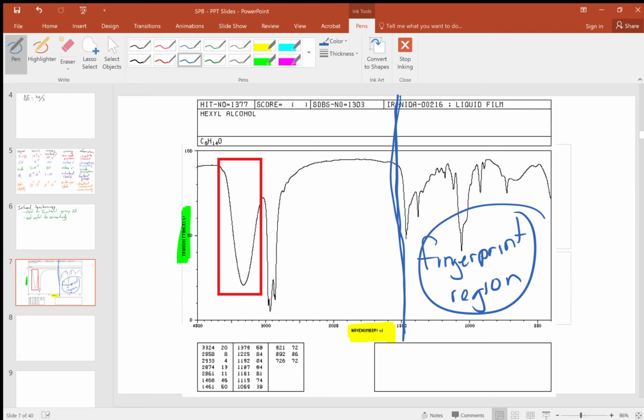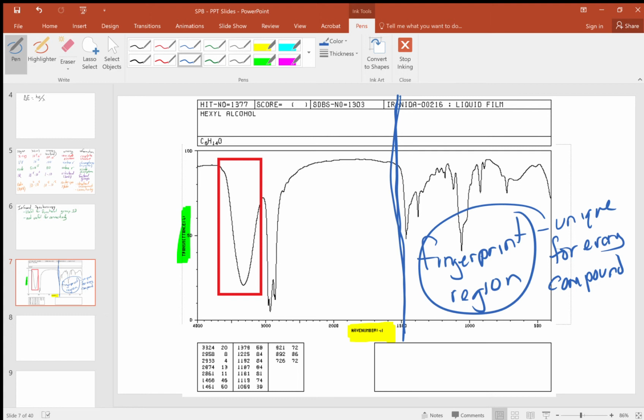Why do we call it that? In the fingerprint region, it's often way too complicated for us to get much specific information. But the fingerprint, just like normal fingerprints, is unique for every compound. So if you're comparing two spectra, if their fingerprint regions match, then you know you're dealing with the same compound.